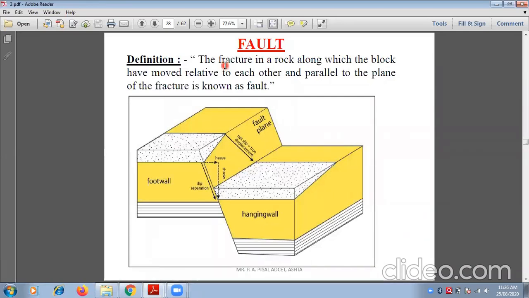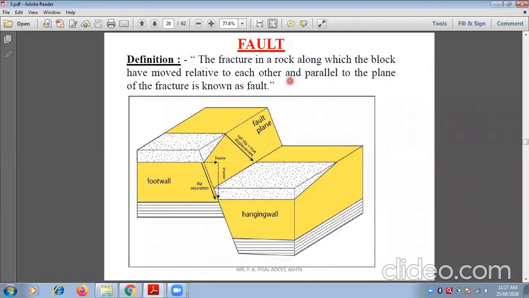Now why do these faultings happen? What will be the reason the two blocks are moved away from each other? Can anybody tell me what will be the reason for such a type of movement? In the fold we have seen that because of pressure the horizontal layers are turned into the fold.